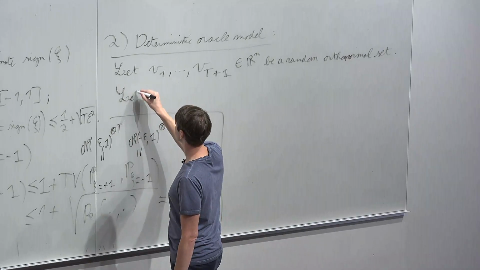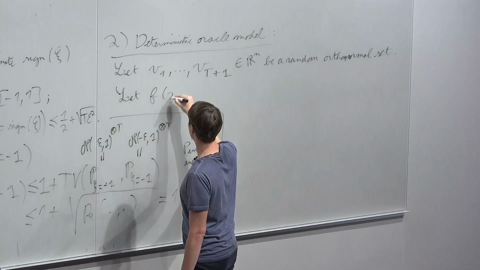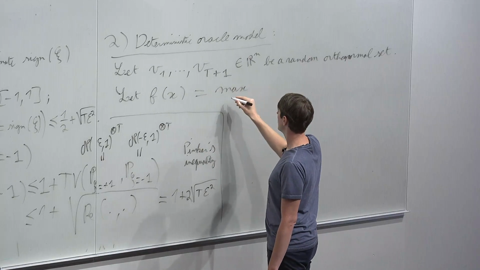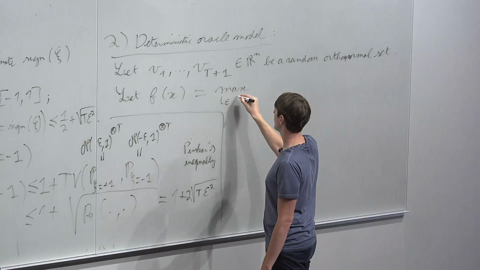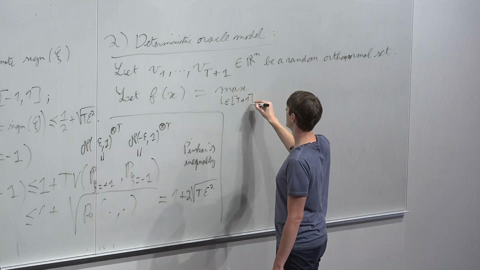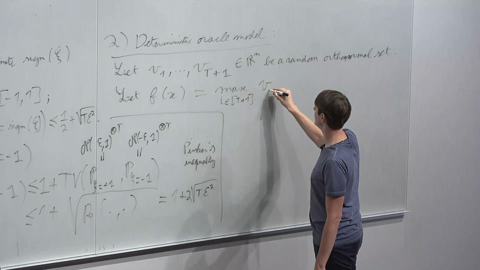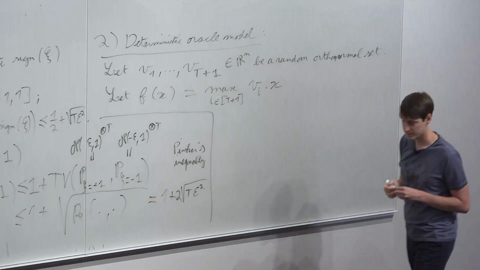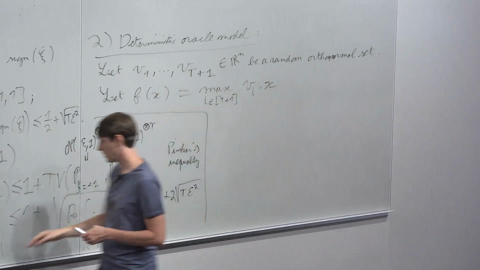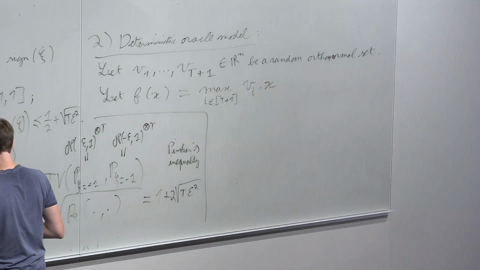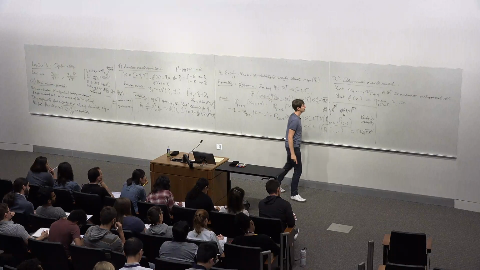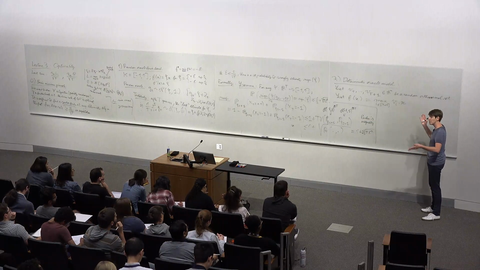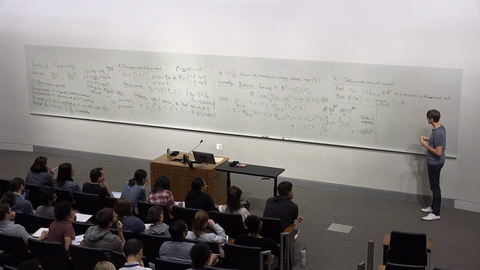Let f of x be the maximum over i in 1 through t plus 1 of the inner product v_i dot x. So I have these linear functions, and I'm just taking the maximum of all of those linear functions.